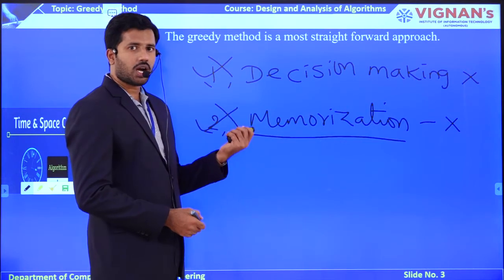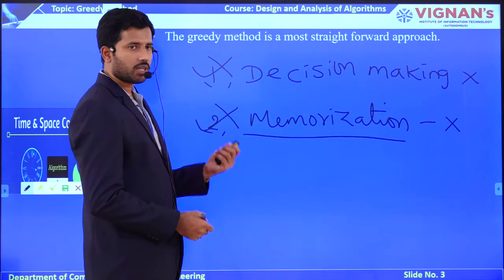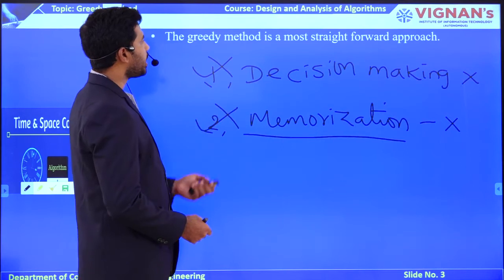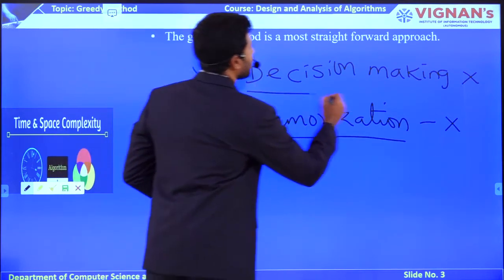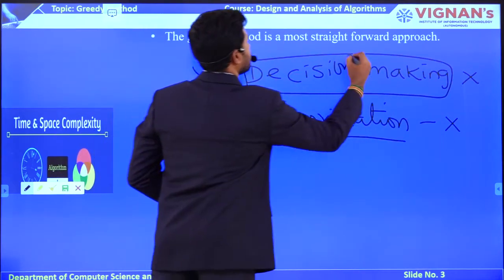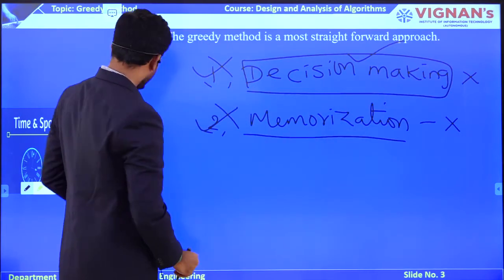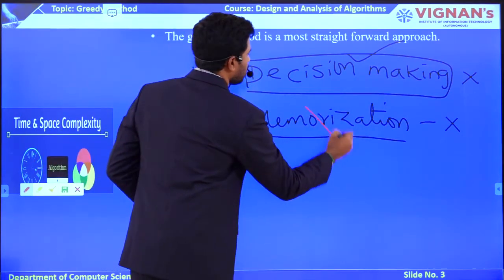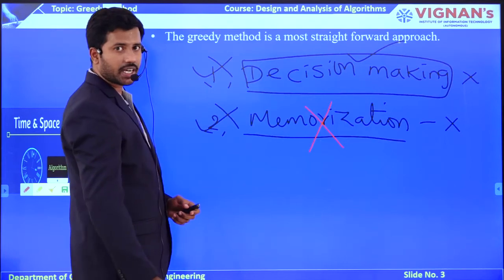Now let's observe the features of the greedy method. Coming to the greedy technique, decision making capability is possible, and memorization is not at all possible in greedy technique.